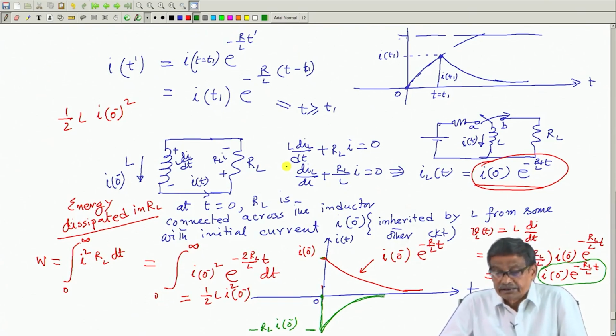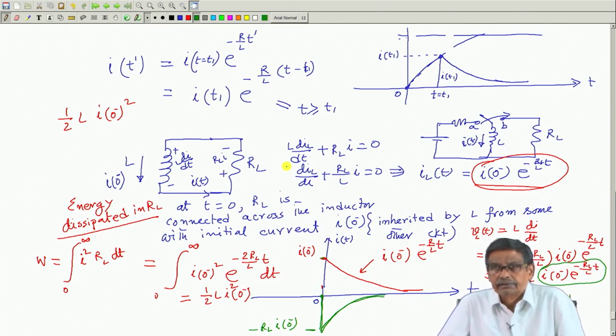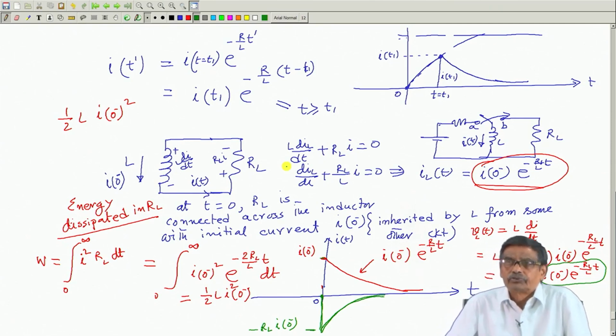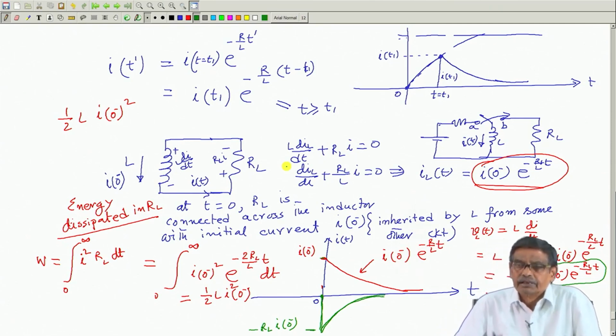Inductor charging is necessary to store energy, and whenever you like, you would like to use that energy. Just for fun, you do not store energy, maybe in future you will retrieve that energy.